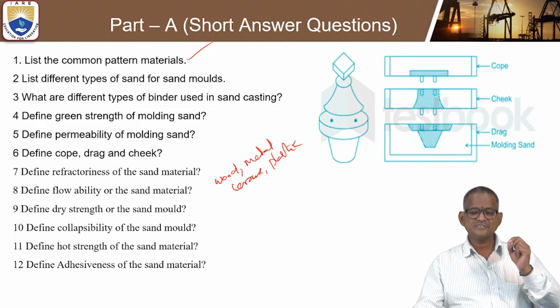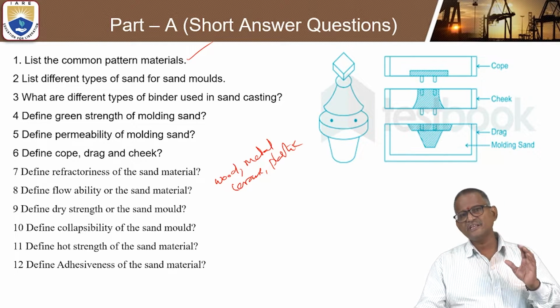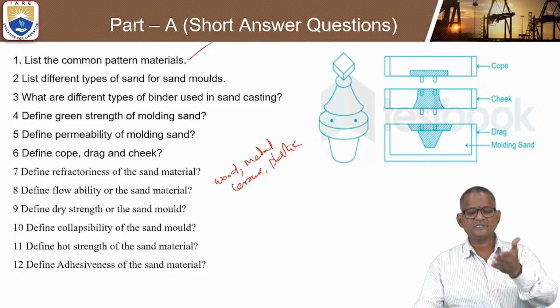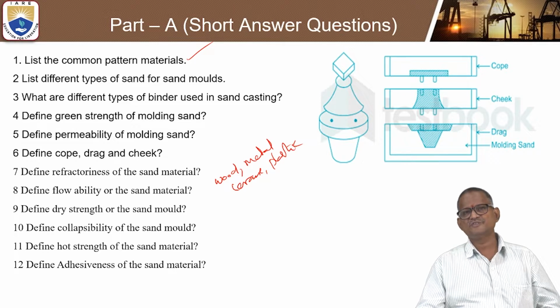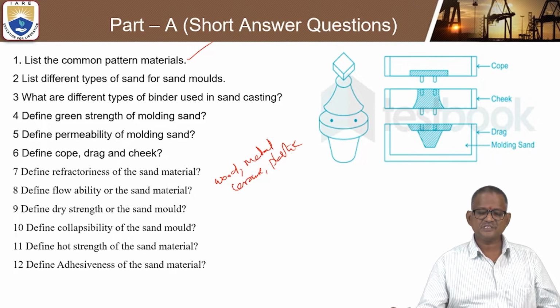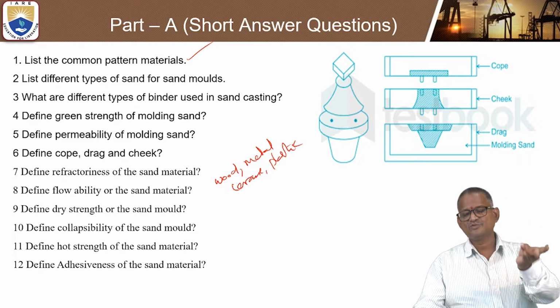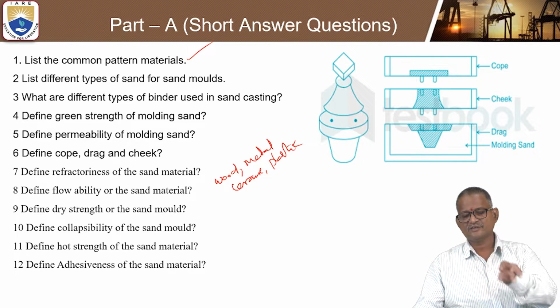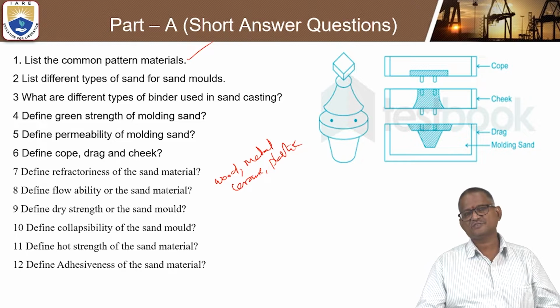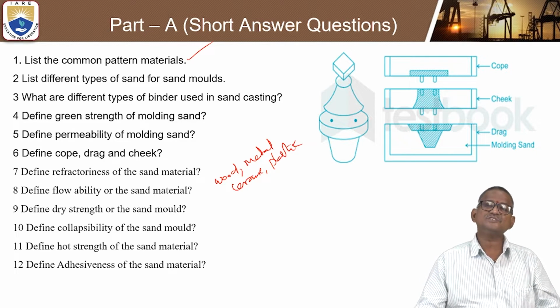Depending upon the question asked, if it is a 1 mark question, you can just mention that the common pattern materials used in metal casting are wood, metal, ceramic, and plastic. That is sufficient.